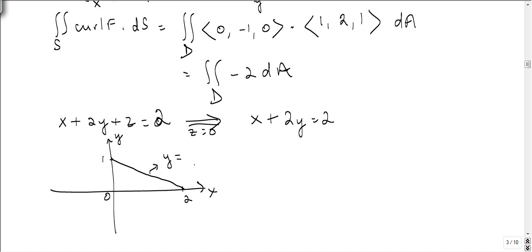This line is y equals 1 minus a half x. All right, so now this is our region D. It doesn't matter if it's horizontally or vertically simple. Let's make it vertically simple.